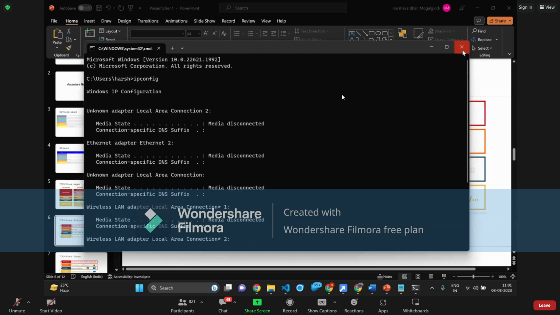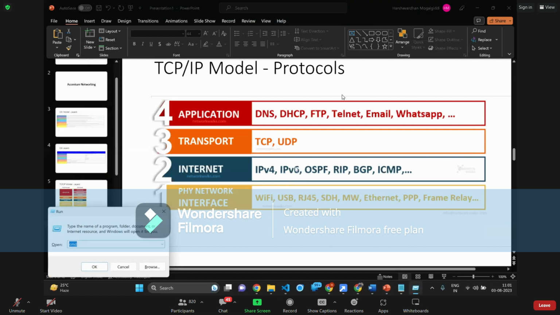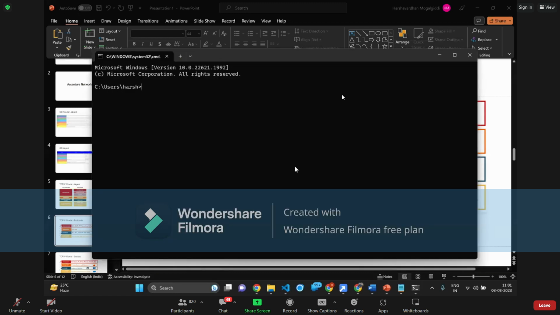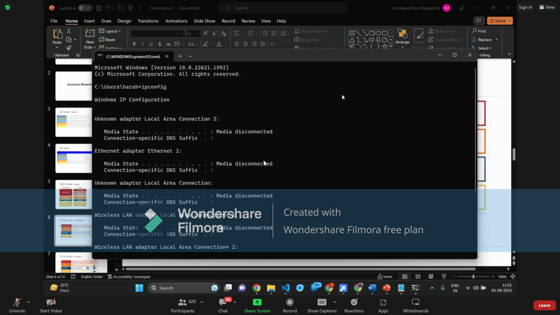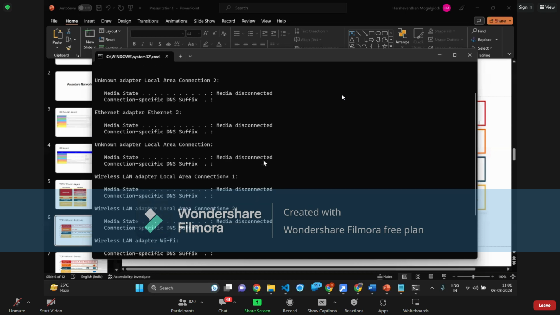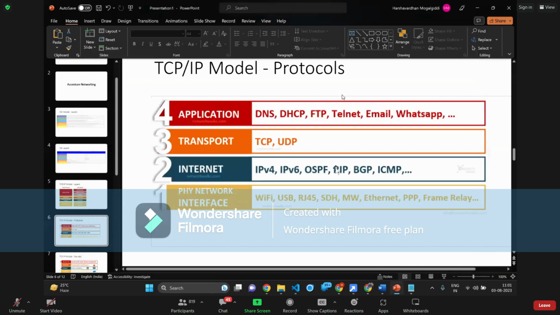Just open up your systems, press Windows plus R, type CMD. That will open a command prompt. Just type ipconfig, and you'll see what the IPv6 and IPv4 addresses are.